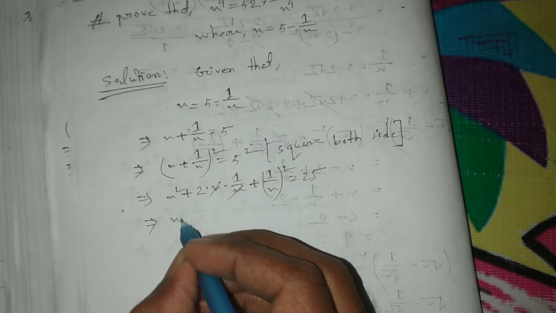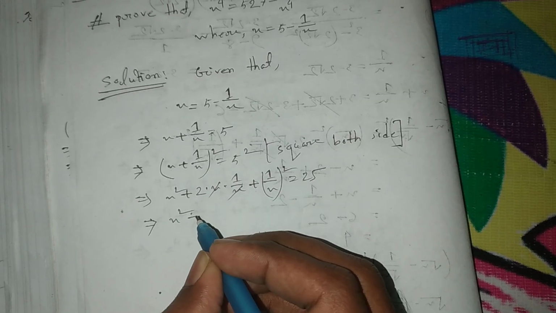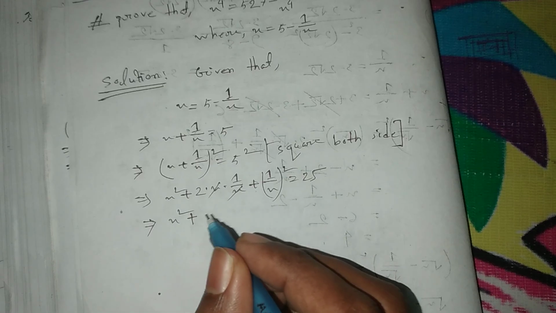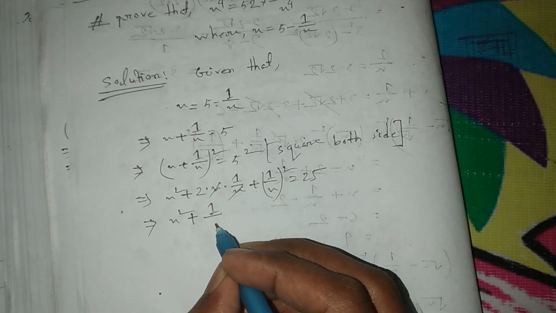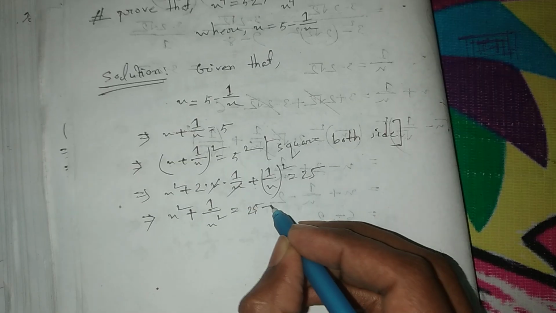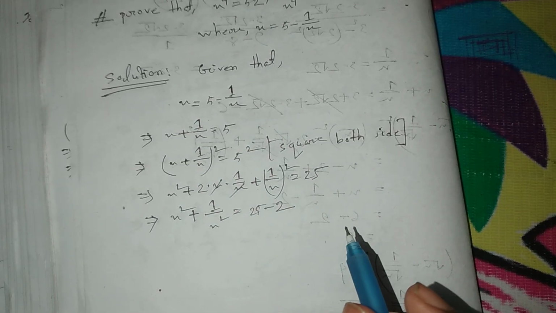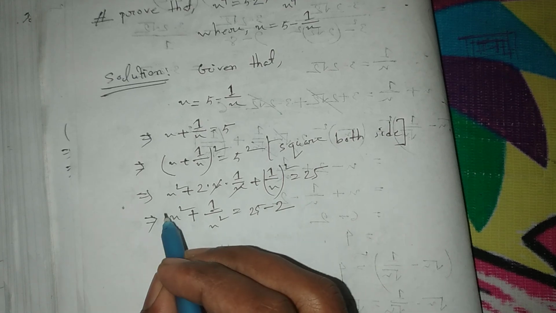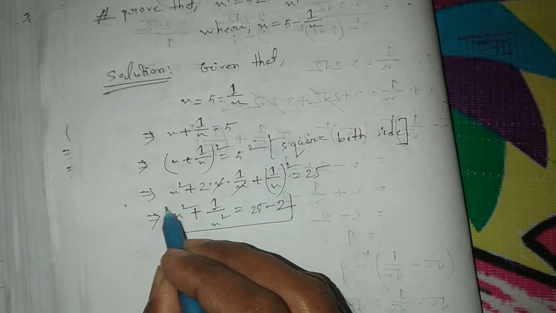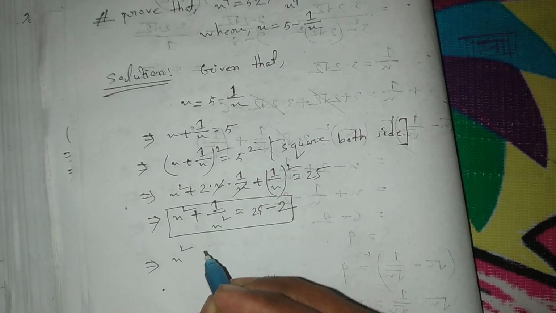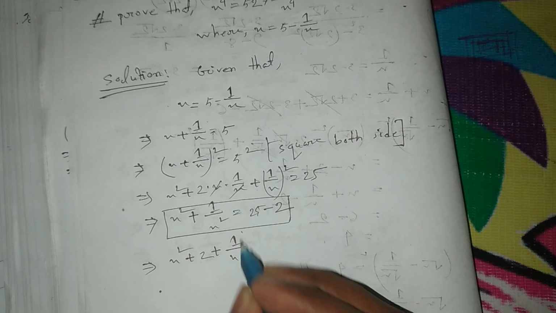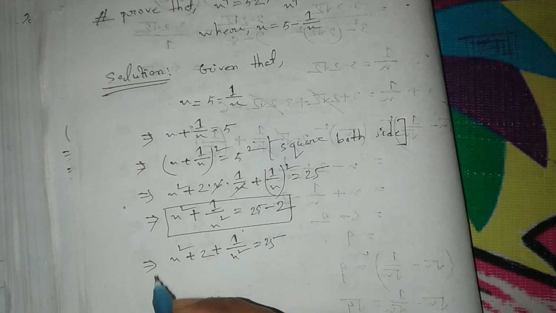The x cancels, so x square plus 2 plus 1 by x square is equal to 25.